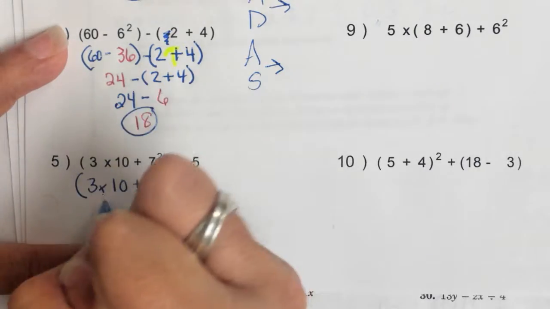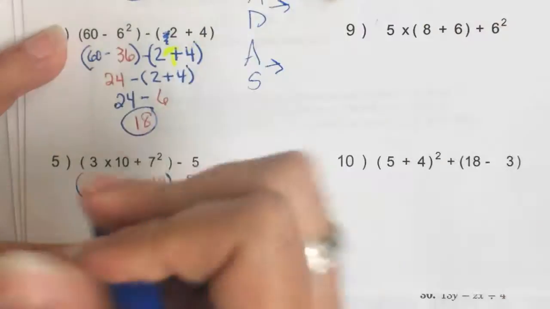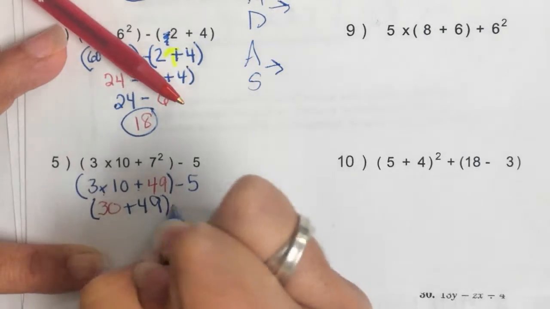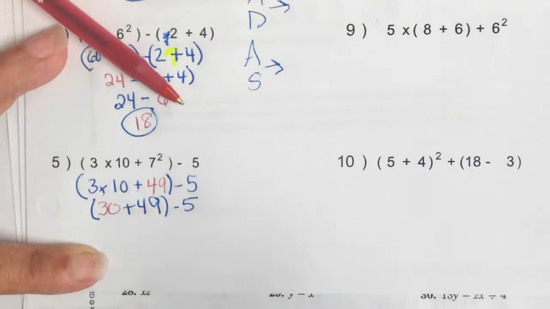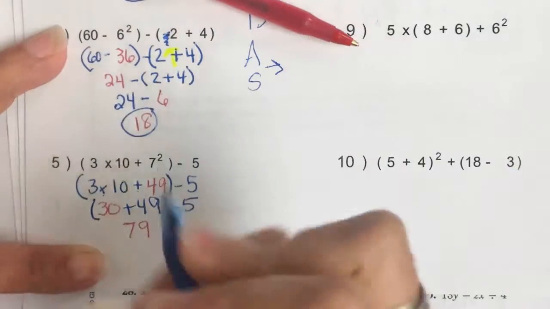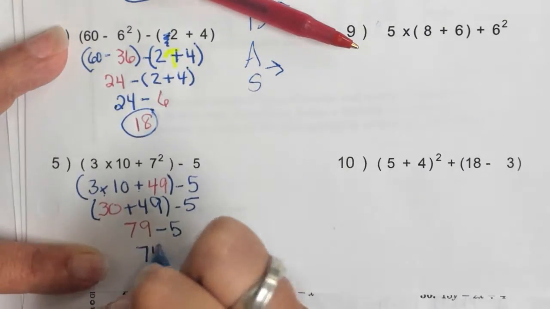Multiply. I got to do that first. I get the 30. Now do the add. 30 plus 49. 79 minus 5 is 74. 74.